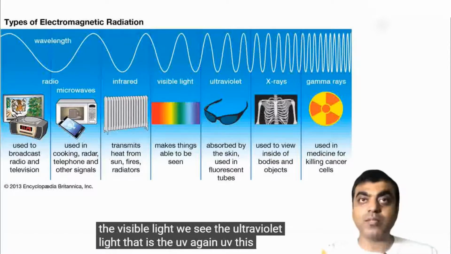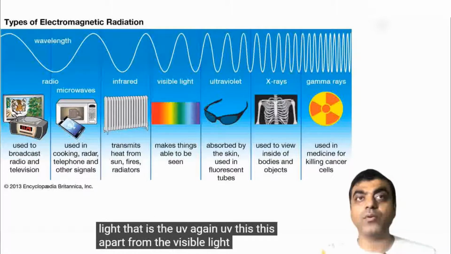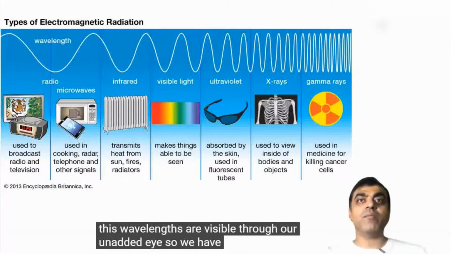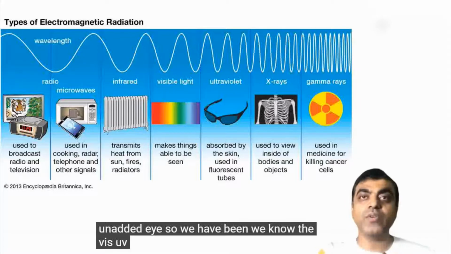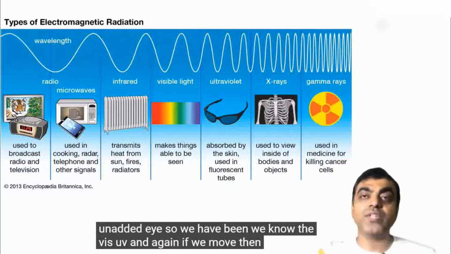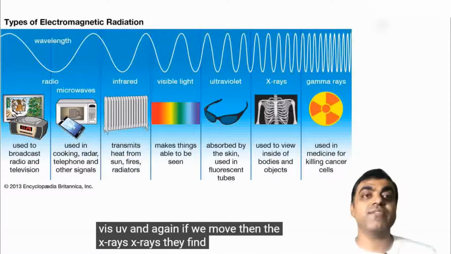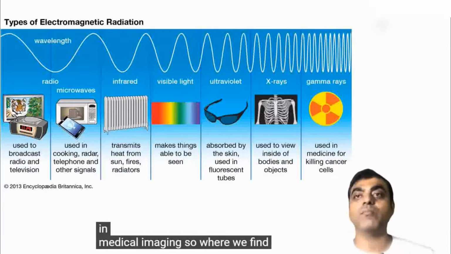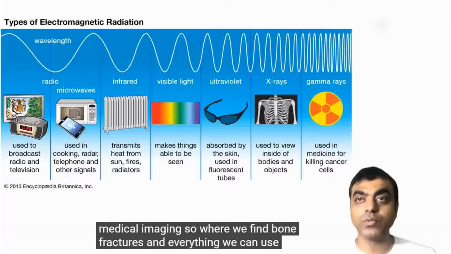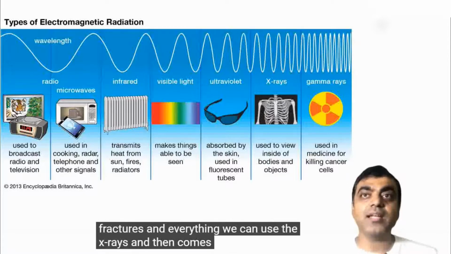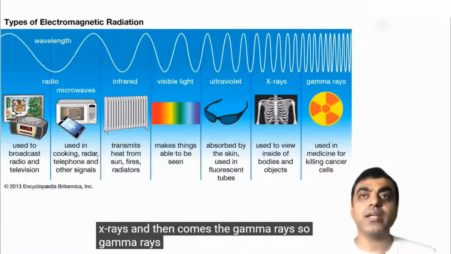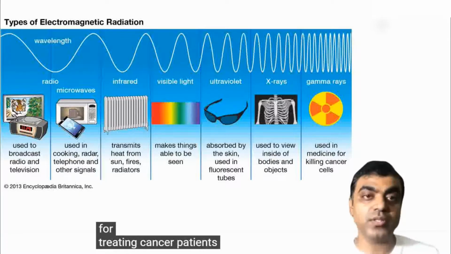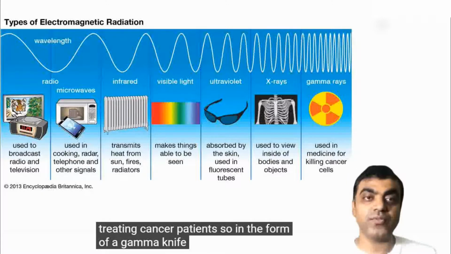Apart from visible light, none of these wavelengths are visible to our unaided eye. Then the X-rays find applications in medical imaging, where we can find bone fractures. And then come the gamma rays, which are used in medicine for treating cancer patients, in the form of a gamma knife.